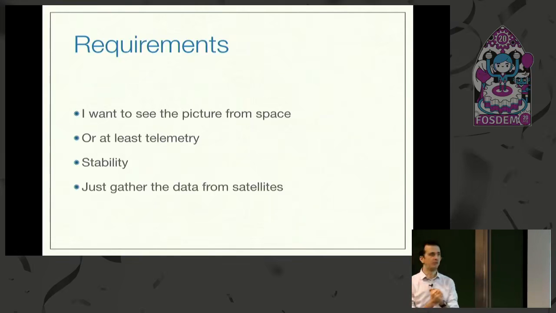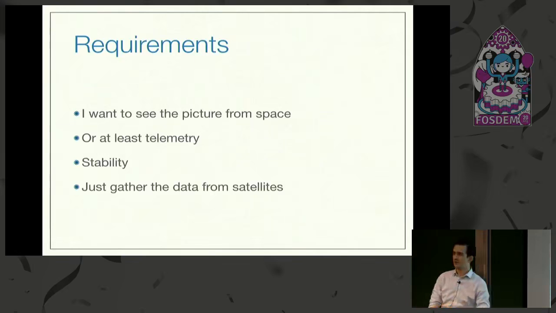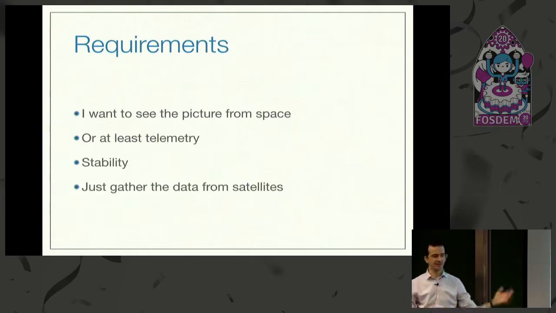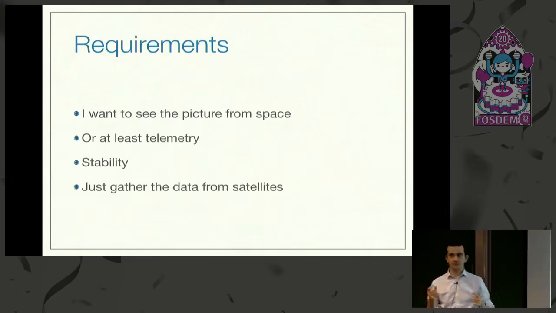I should be able to run my base station on solar panels somewhere in the woods and leave it for years. Don't bother with it, and get the data eventually. And my base station should be stable and it should be simple, and it should do one thing: just gather the data from the satellites, but it should do it well.